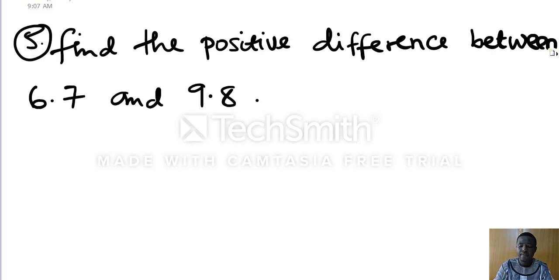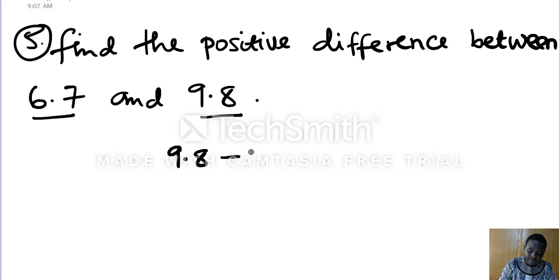Next question says we should find the positive difference between 6.7 and 9.8. This has to do with decimals, but never mind, just go straight ahead and do justice to that. We say positive difference, meaning the larger number minus the smaller number. All you need to do is first of all identify the larger number and the smaller number, then you find the difference between both of them. That is 9.8 minus 6.7.